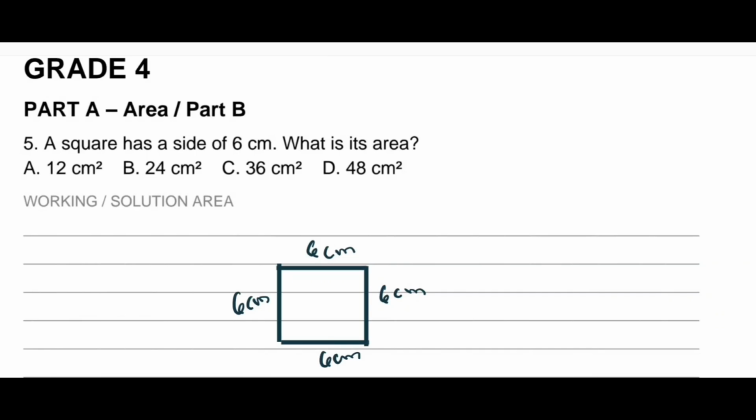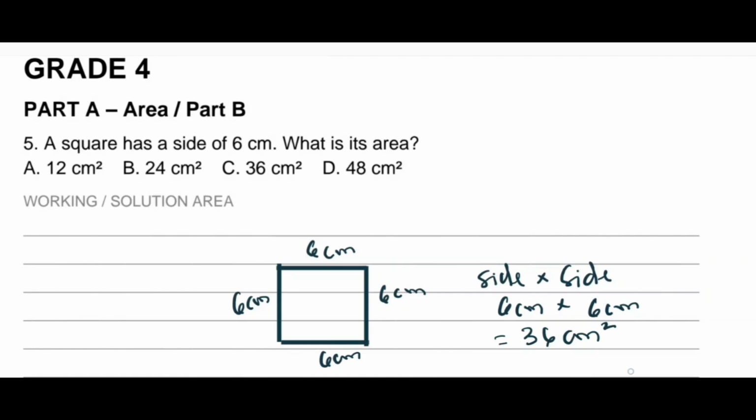They are saying you should find the area of the square. There is a formula for finding the area of the square: each side times each side. There are 4 sides, but just 2 sides times each other. So it will give us 6 centimeters times 6 centimeters, and that will give us 36 centimeters squared.